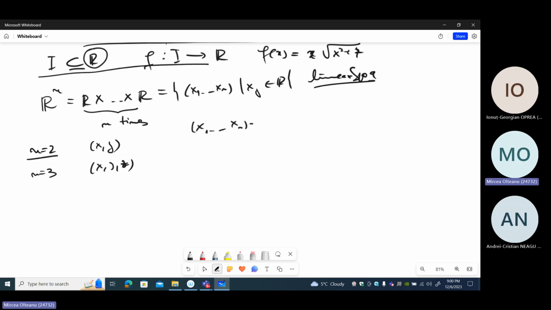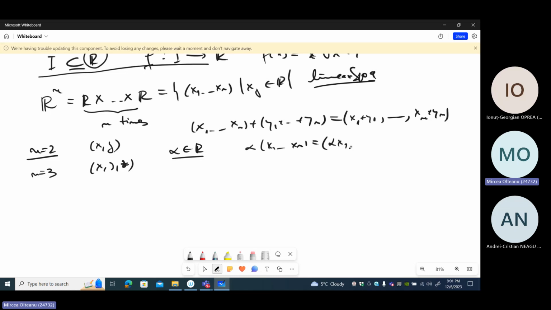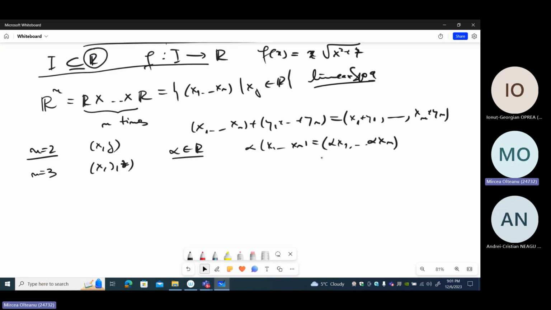The sum of two vectors is given by the addition of the corresponding positions, and the multiplication with numbers, scalars, is the same. So alpha times a vector means to multiply each component of the vector with the scalar alpha. With these two operations, R^n has a special structure, which is called a linear space.